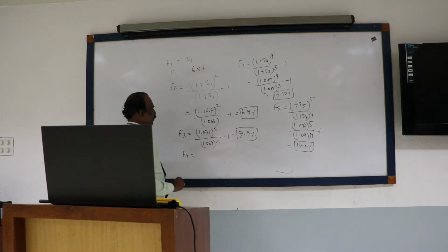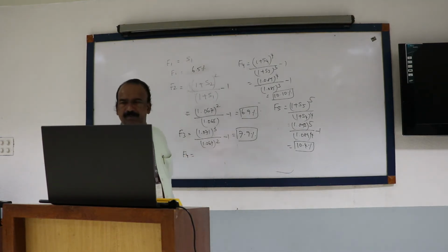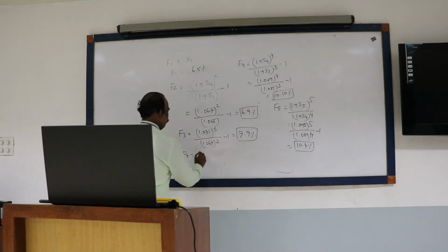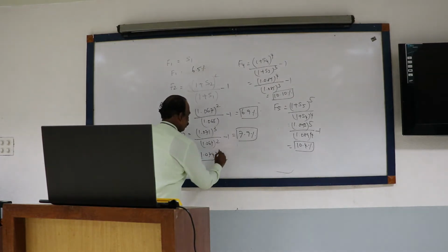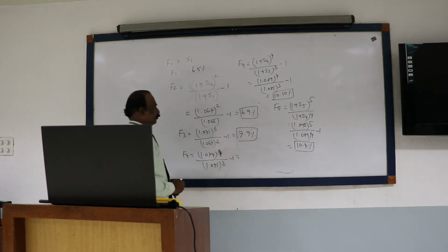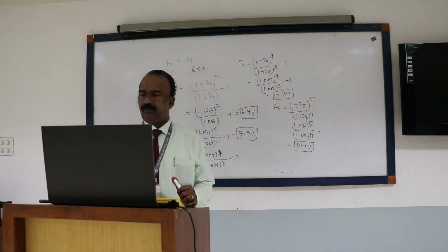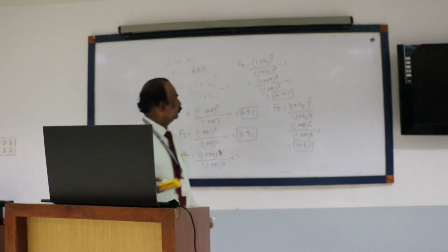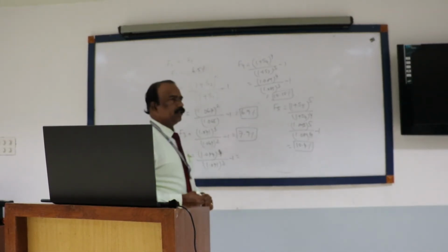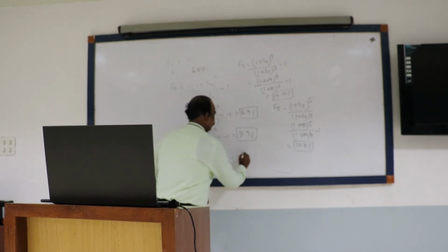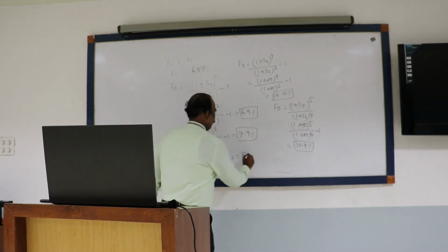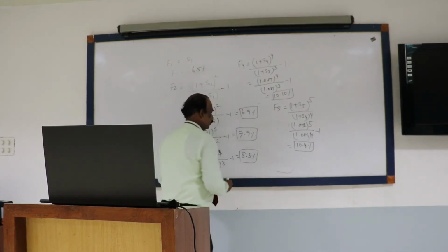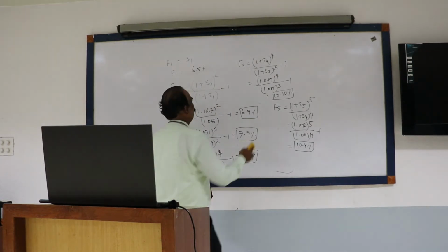F4 will be 1.074 power 4 divided by 1.071 power 3 minus 1. That is 0.086, so 8.6.